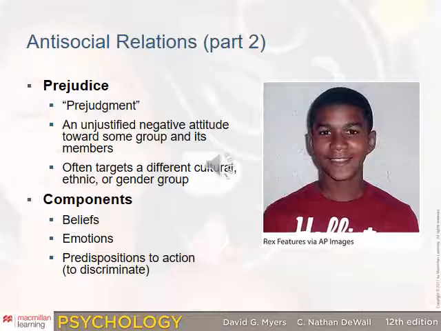It's definitely very, very sad for Trayvon's family, and the fact that he isn't here anymore. But some components of it are beliefs, emotions, predispositions to action. So to actually discriminate against that individual, and discrimination is just a negative behavior. Period.